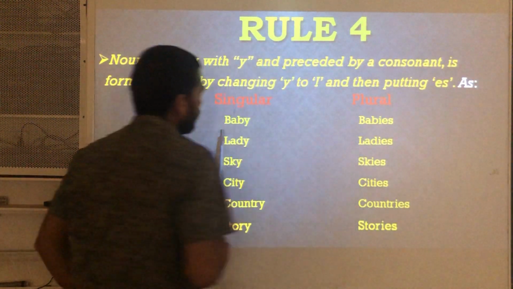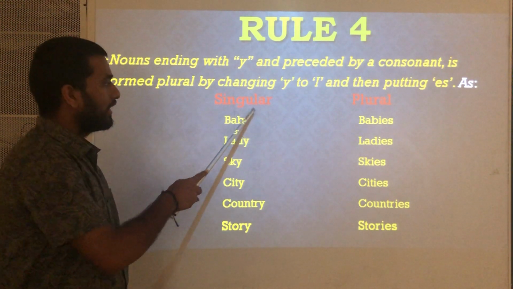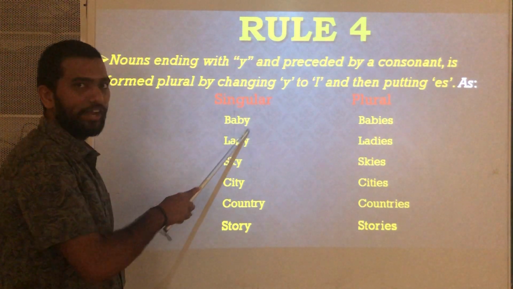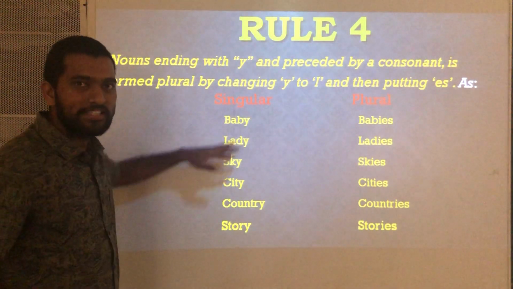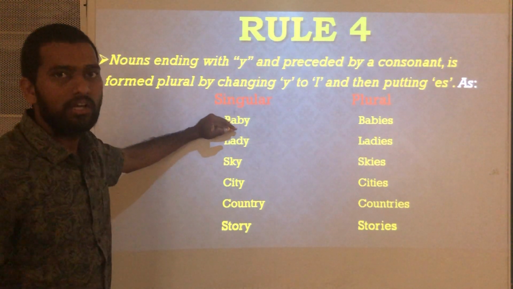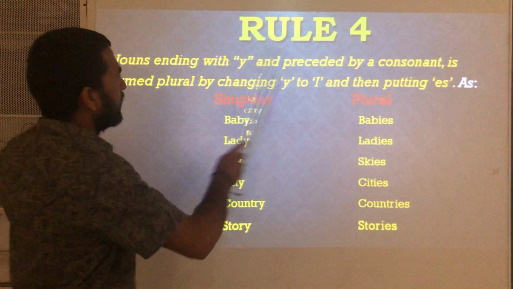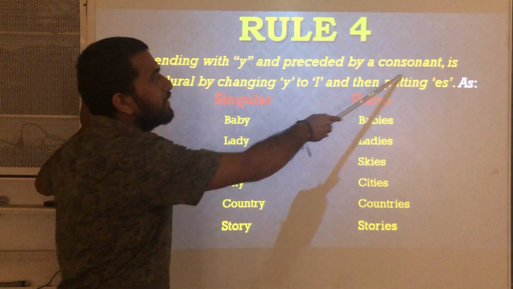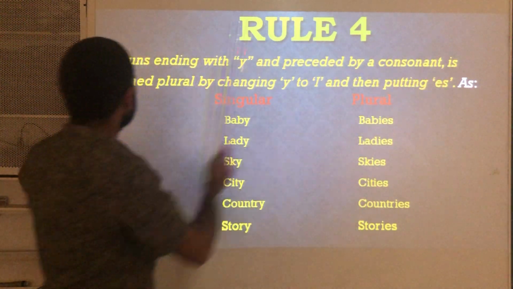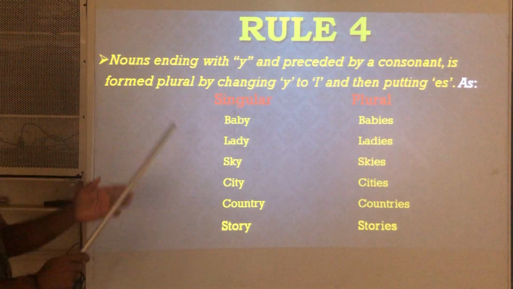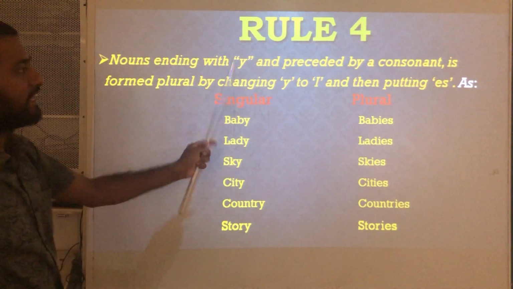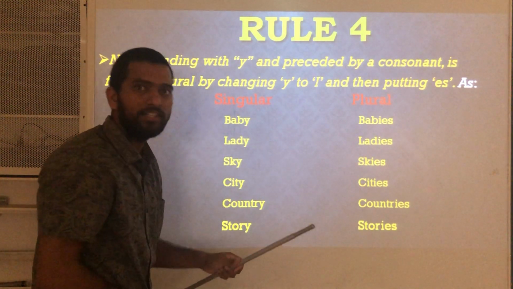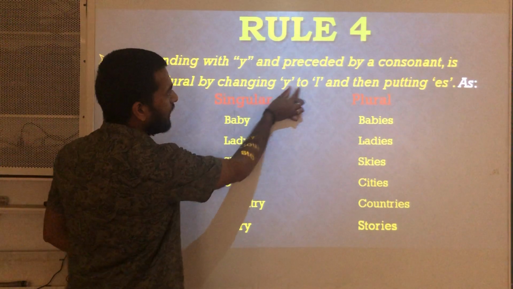Okay, look at the first noun, baby. Here y is the last letter and before y there is the consonant b. For this type of words or nouns, what is the rule? Let us see. Nouns ending with y and preceded by a consonant form the plural by changing y to i.